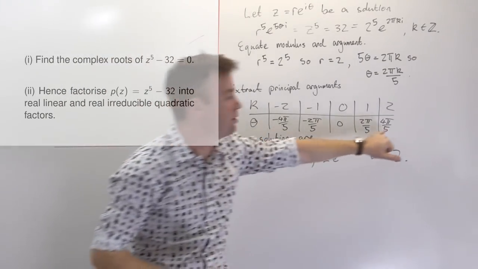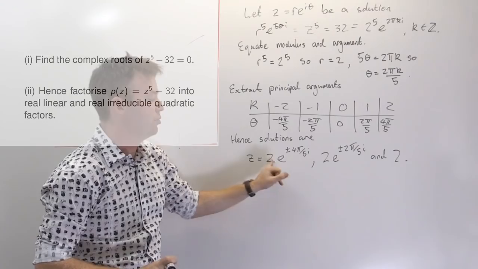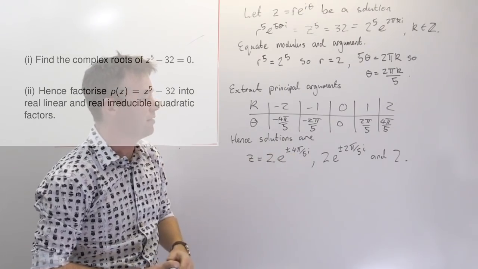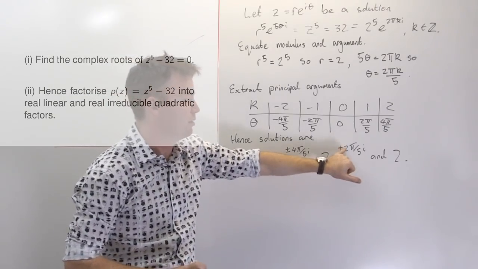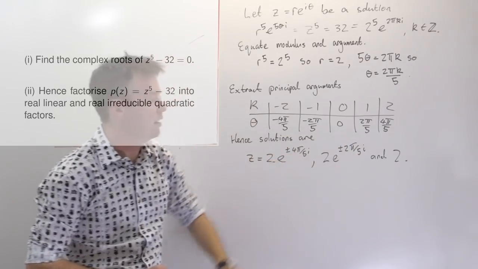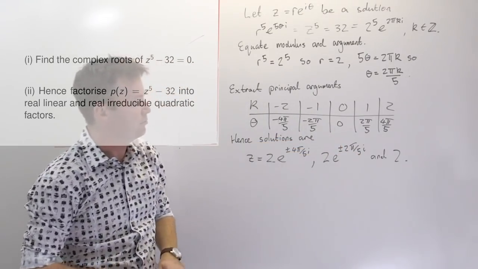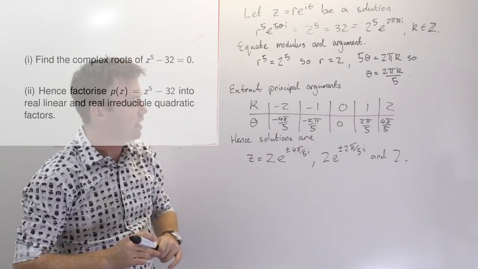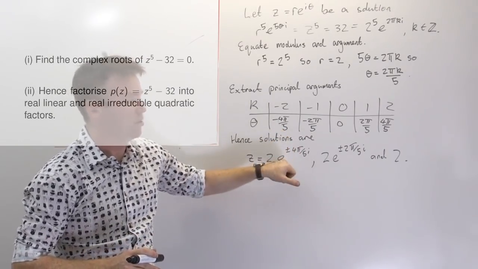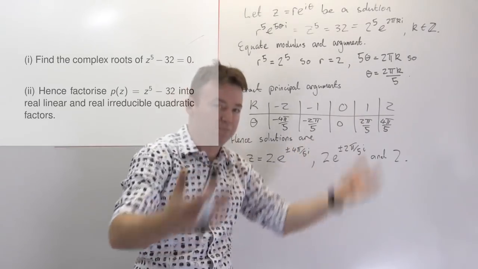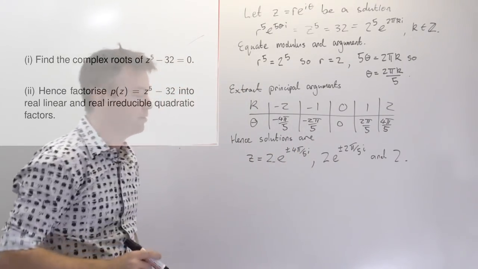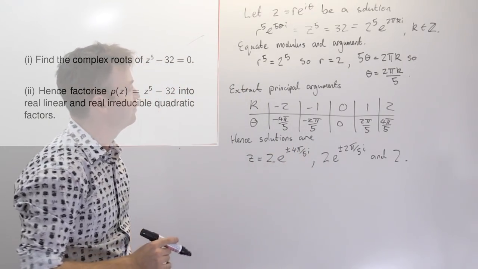So this one and this one, I'll just write that as 2e to the plus or minus 4 pi on 5 i, 2e to the plus or minus 2 pi on 5 i, and this one just sitting out there by itself, 2. And of course, you shouldn't be surprised that these occur in complex conjugate pairs because it's a polynomial with real coefficients. So that's always going to happen for you.